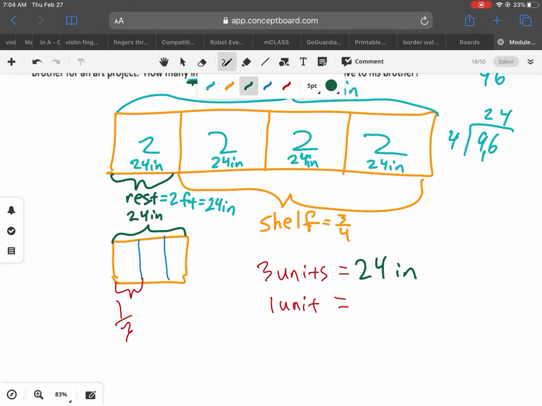So we have our 24 inches, and we're going to divide it by 3. And that gives us 8 inches. 24 divided by 3 is 8 inches, so 1/3 is equal to 8 inches. And if you're not sure, then 8 plus 8 plus 8 equals 24.